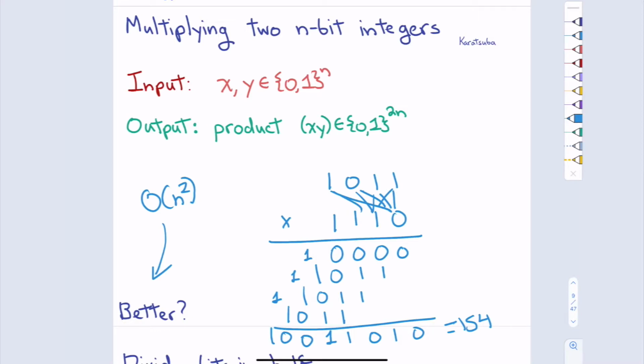Sort of, in the very early days of thinking about algorithms in the 1950s, presumably we knew everything there is to know about integers. So a very famous mathematician named Kolmogorov was going around saying, oh, there should be a lower bound of n squared for integer multiplication. So Kolmogorov's a big guy. He invented probability theory, among other things.